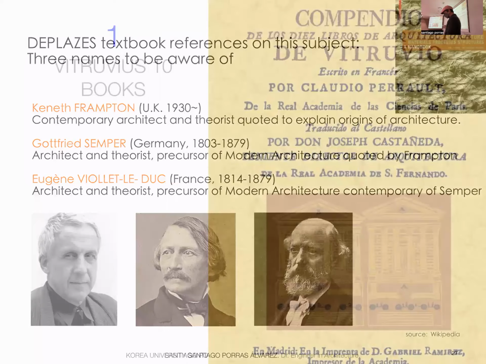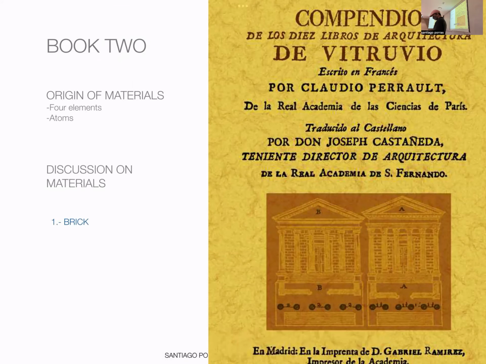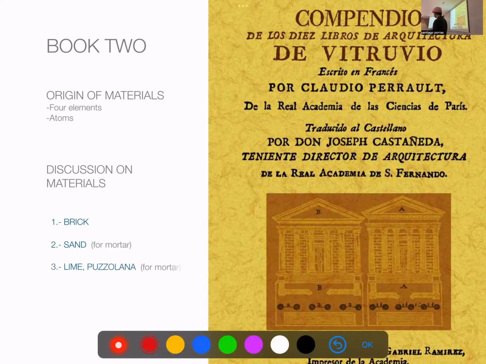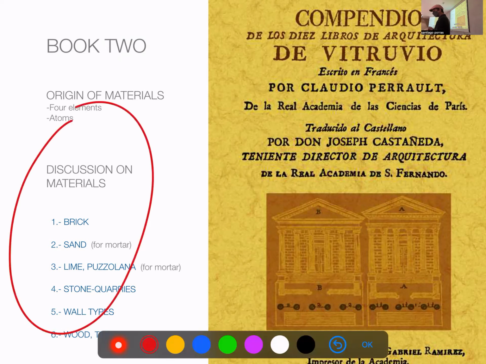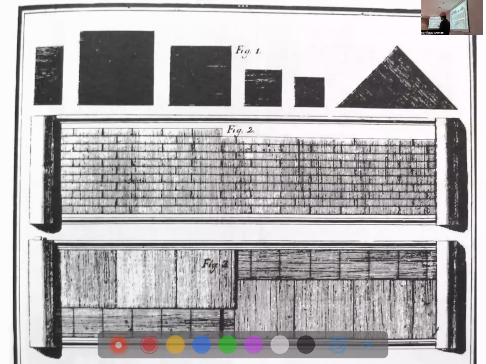I will insist: Vitruvius in his 10 books speaks of the materials and construction. We already commented on that, so we don't need to repeat. Just remember that they used the same materials we studied, except for steel, glass, and reinforced concrete, because they already used concrete. And the illustrations tell about the ways of building.